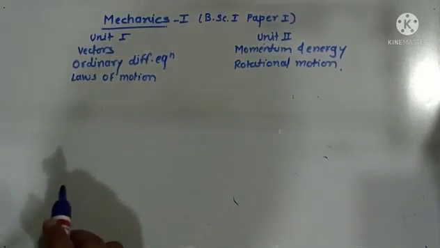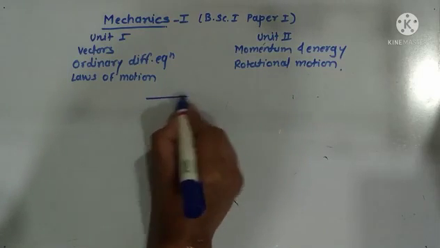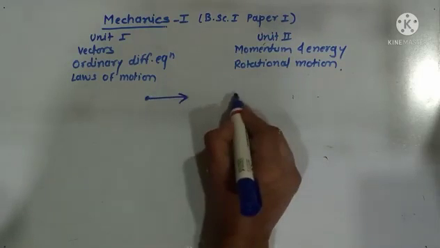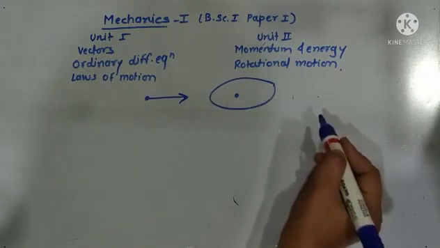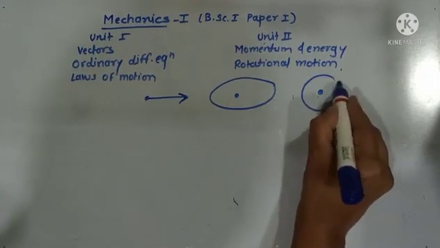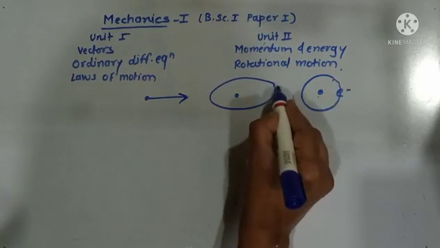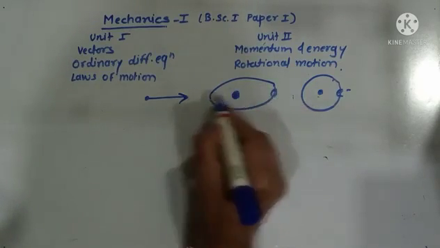So as I have already told you, anything which is moving, whether it is a particle moving from one place to another place, or a planet revolving around the sun, or an electron revolving around the nucleus, everything comes under the mechanics.